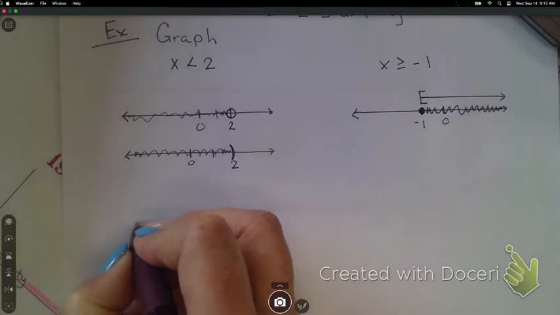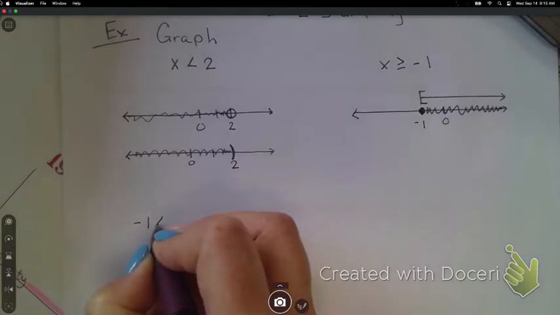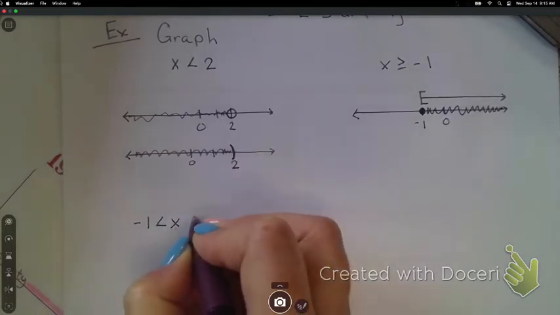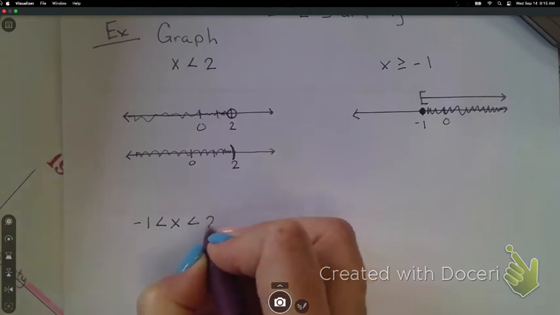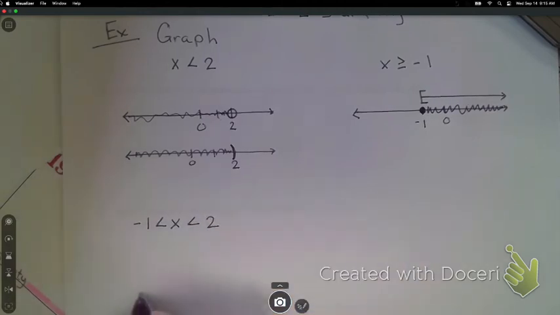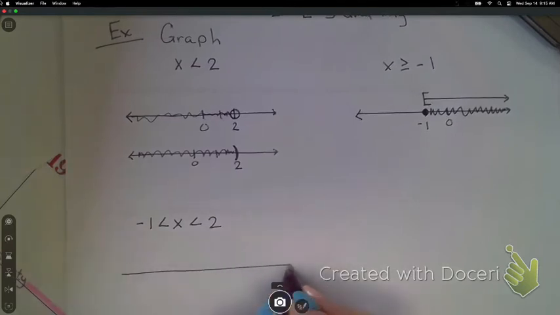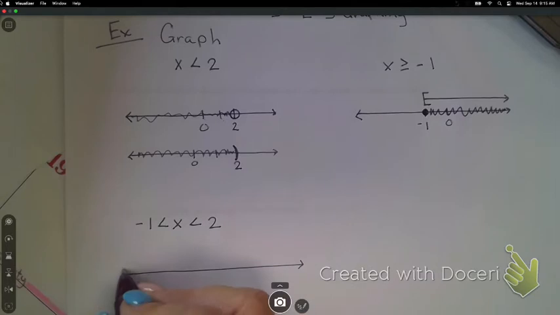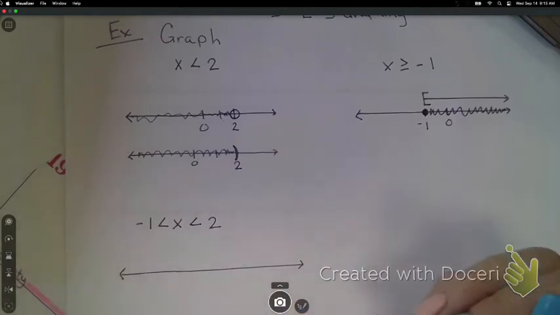So now I have -1 is less than x, which is less than 2. So there's 3 numbers I have to have now. What are they? 0.